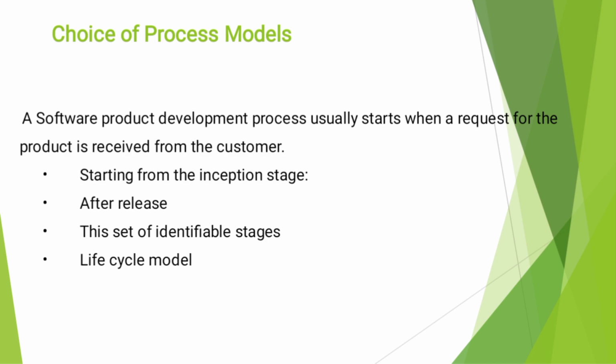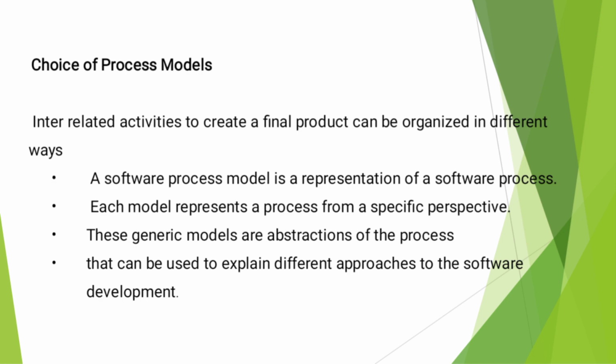A software product development process usually starts when a request for the product is received from the customer. That is, starting from the inception stage after release, this set of identifiable stages is the life cycle model. These are all the software product development process. Then the next one: interrelated activities to create a final product can be organized in different ways.